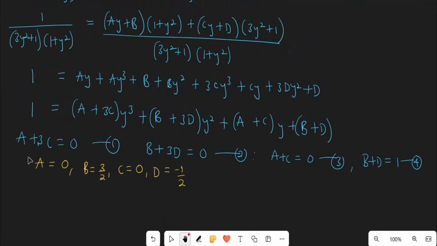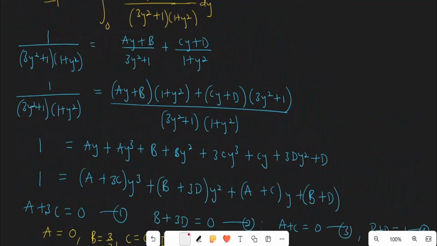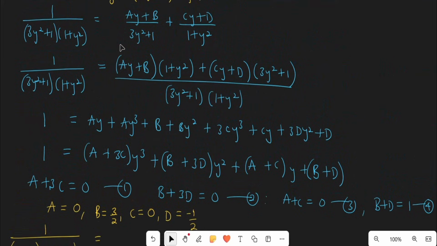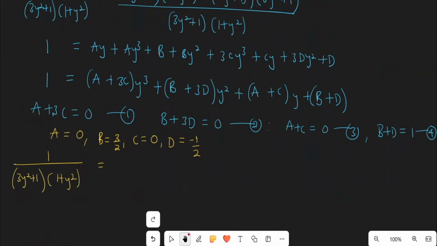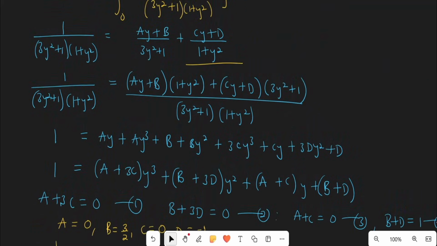So now let's go back to our partial fractions. So the partial fraction is here. So we have ay plus b over the first factor. So we have 1 over 3y squared plus 1 multiplied by 1 plus y squared equals ay plus b divided by the first one. So a is 0, y plus b, and b is 3 over 2. This is divided by the first factor, 3y squared plus 1. And now the next one is cy plus d divided by the second factor.